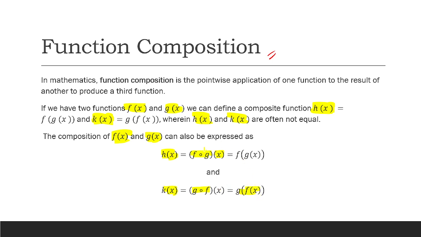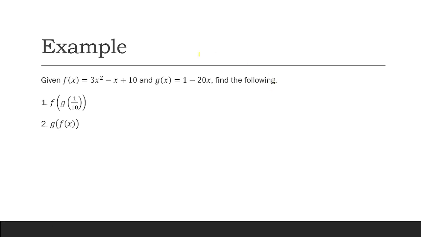So take note na for composition function, it matters kung sino yung nauuna. So nauna yung f kesa sa g, nauna dito yung g kesa sa f. So that matters. The placement of kung sino yung nauna, kung yung first function or second function ba, it affects your composite function. Now, para mas maintindihan natin, i-apply natin siya into a problem or into an example.